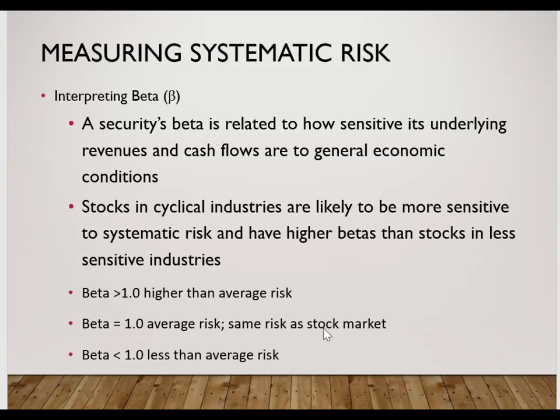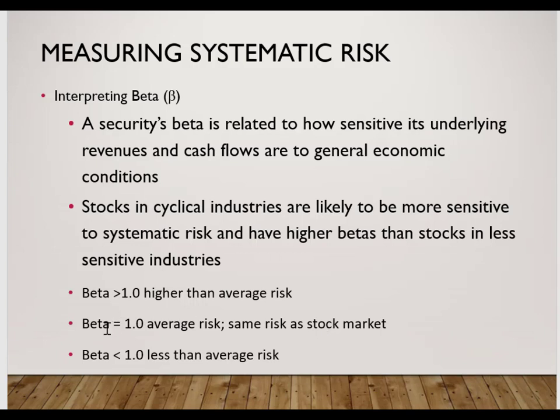Cyclical industries are very sensitive to systematic risk, and they're going to have higher betas. There are stocks that are not very sensitive, right? In fact, we sometimes refer to them as defensive stocks because they move almost in unison or very closely in unison with the stock market itself.